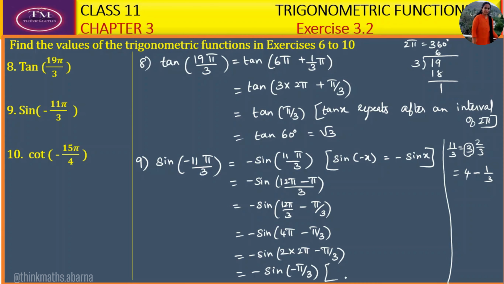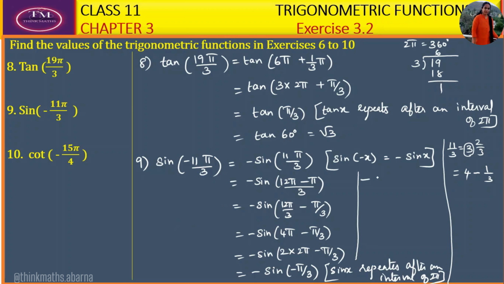The reason is sin x repeats after an interval of 2 pi. Okay. Now we have sine of minus theta. Sine of minus theta is minus sine theta.